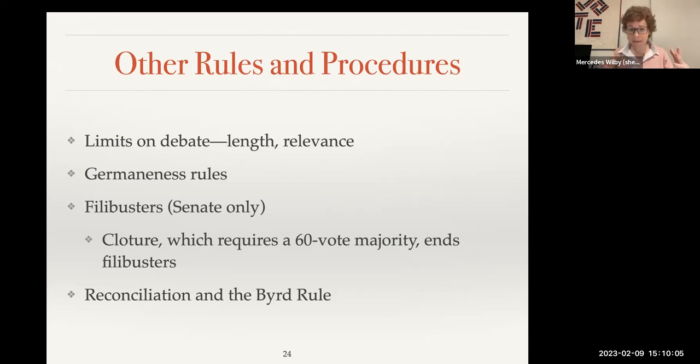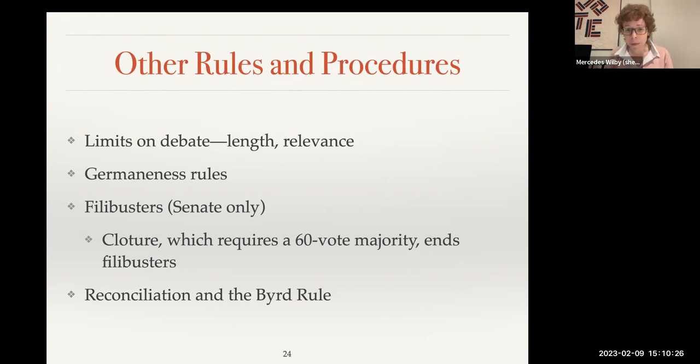So a member of the minority, or I suppose of the majority, but why would they want to, can filibuster. That means they hold the floor indefinitely and keep talking as long as they don't sit down, leave to use the bathroom, to eat, anything like that. They can hold the floor as long as they want.